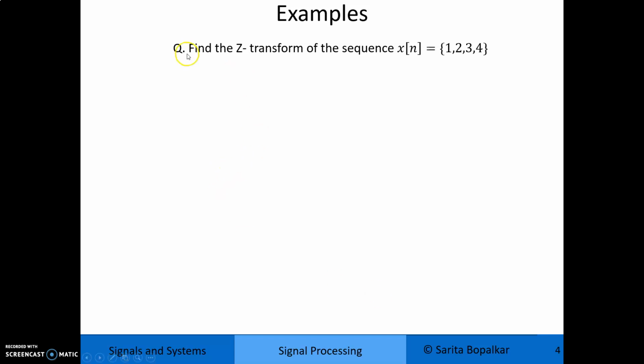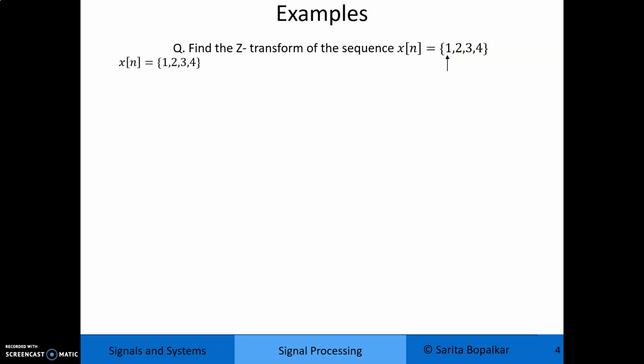Now the question is, find the Z transform of a sequence x(n) equal to 1, 2, 3, 4. Here, what is the position for n equal to 0? The position has not been mentioned here, which means by default the first sample represents n equal to 0 amplitude.